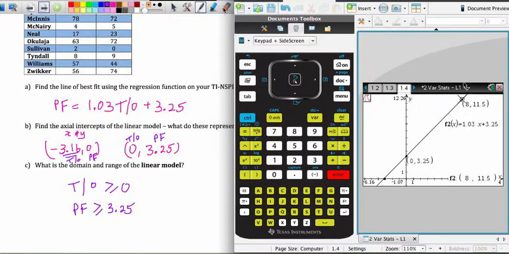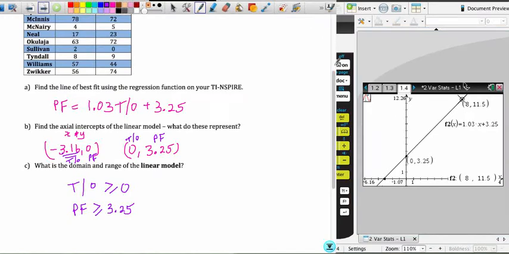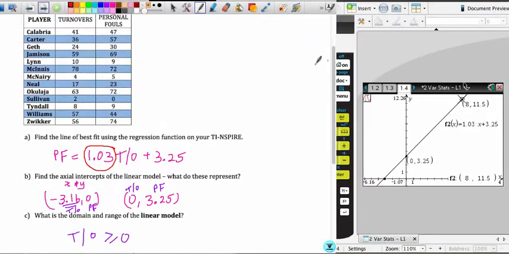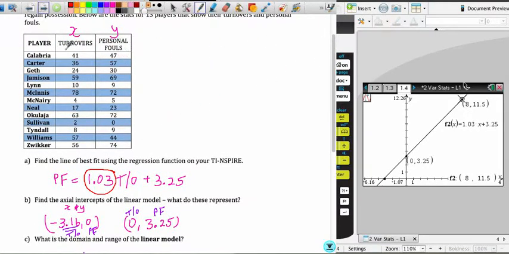Okay, and let me just make one final point, which is something that I did not highlight a little bit earlier or ask a question about, perhaps I should have, and that is the interpretation or the meaning of the slope. And so slope, remember, is change in y over change in x, and in this case, change in y is change in personal fouls over turnovers.